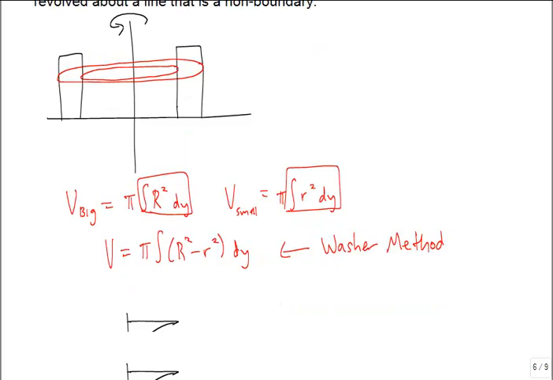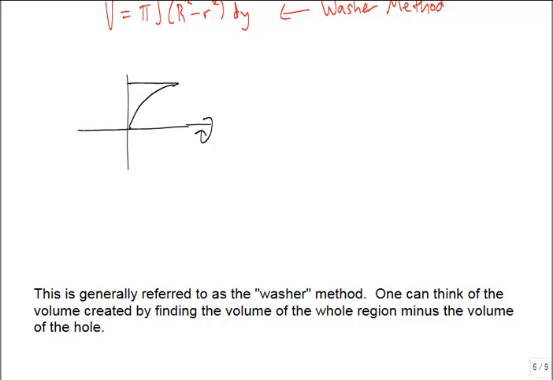So what would this look like if we went the other direction? Well, suppose I had this region and I rotated around the x-axis, then the mirror image would look something like this. And if I take a cross-section perpendicular to the axis of revolution, we don't want the volume of this inside stuff. We want to cut out all this hole in the middle.